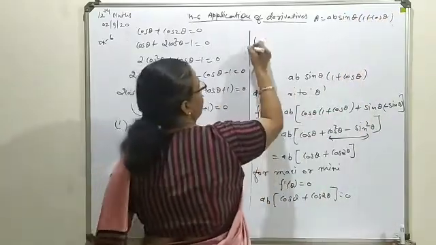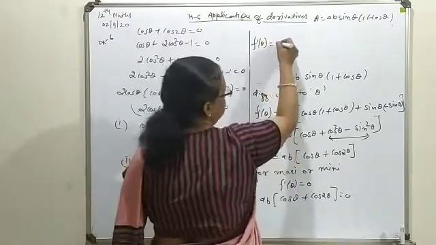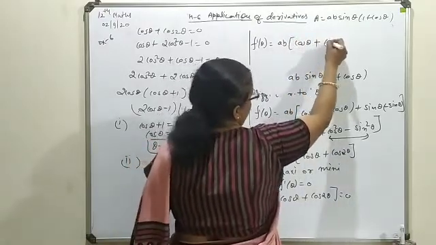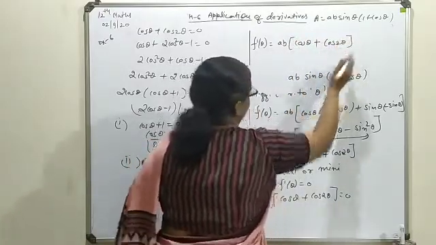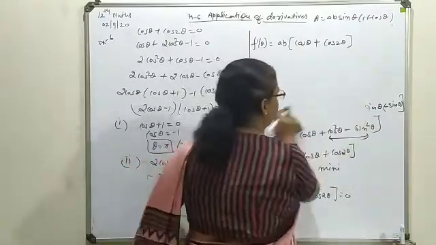Here first derivative we will have is AB (cos of theta plus cos of 2 theta). Now find out the second derivative, and only sign we have to check it out.